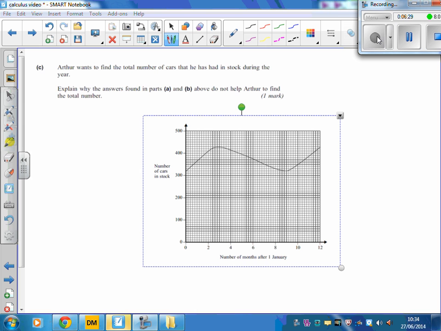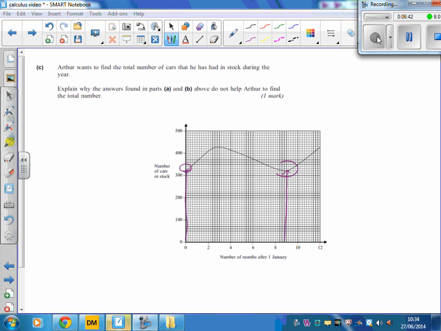So for instance, on day 0, we had 320 cars in stock, but if you go to day 9, where there were 320 cars in stock, we don't know if they're the same cars or different cars, because cars stay in the garage for a number of time. Then it's difficult to know, is it the same car or not, so we don't actually know the average number of cars in stock during the whole year.